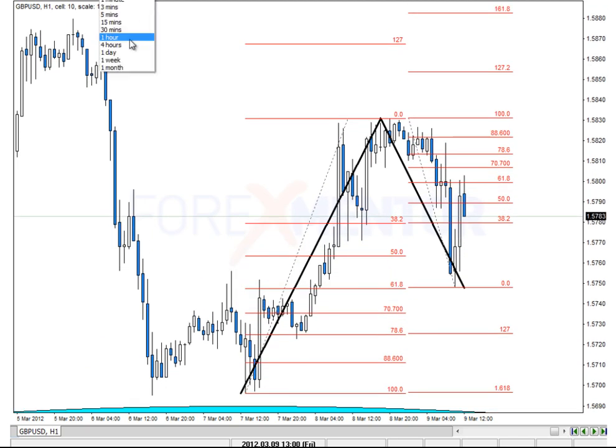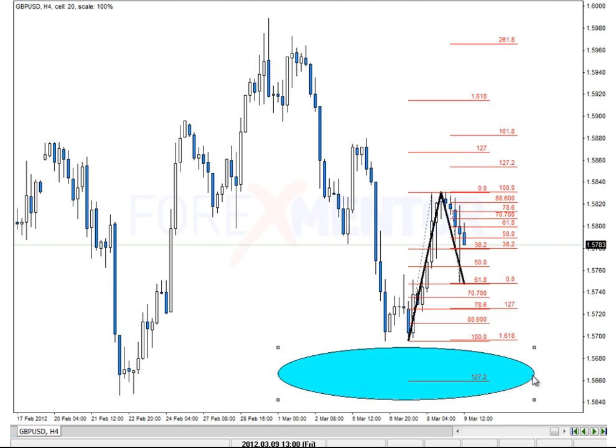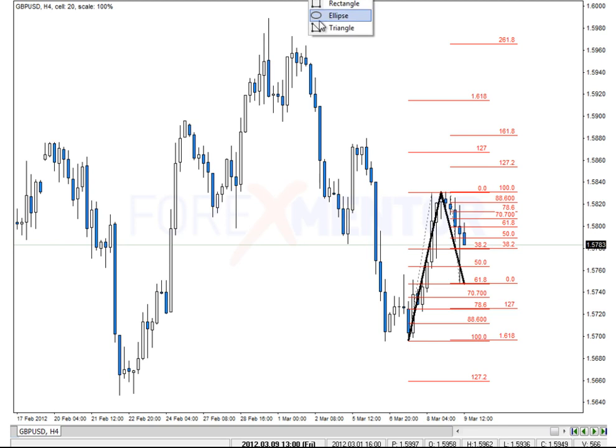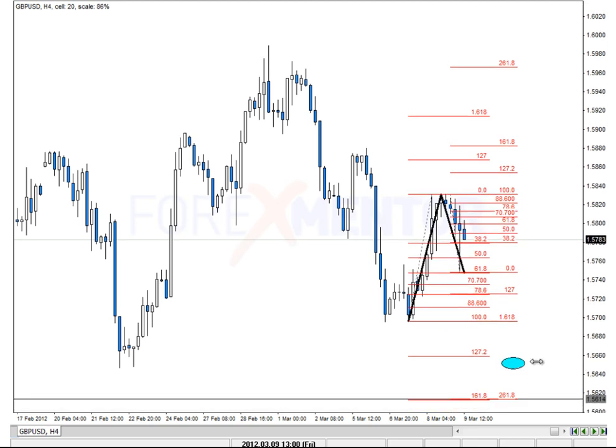If we just drop this line down, that's the area of interest that I'm looking to buy at. And if we just move to the 4-hour chart and just move this out the way. So if we now take our ellipse tool and we mark this off, that's the area down there. So you see it's a very deep retracement.